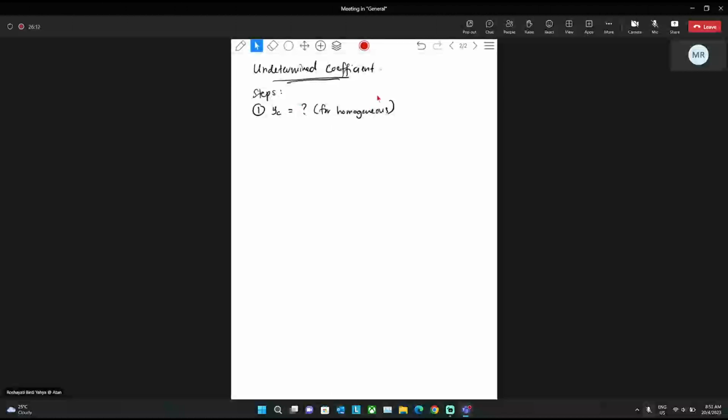Might be confusing because this method, undetermined coefficient, is the method that is being used for non-homogeneous. But why we need to go for homogeneous? So this is only steps. Okay, meaning that whatever equation given, in the question fx not equal to 0, but for the first step you need to change your fx become 0. That is meant by this for homogeneous.